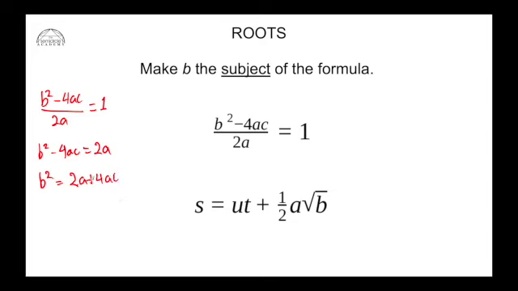Now I could leave it like that, but I could recognize that I have 2A as a factor in both of them. So I could pull out the 2A into 1 plus, what is that, 2C? Are these both the same thing?